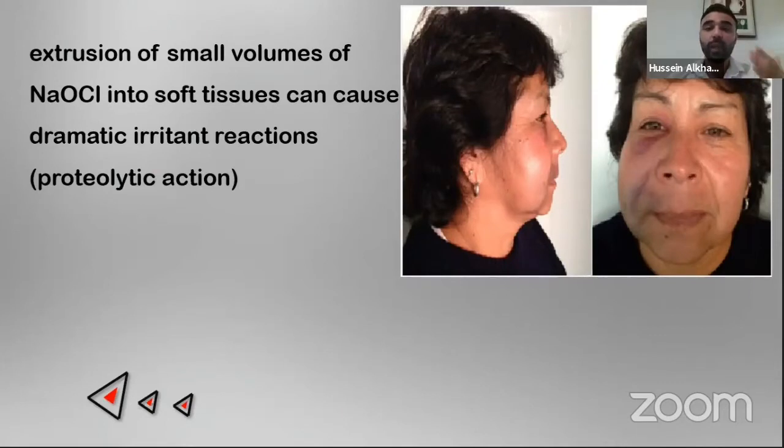Secondly, we should irrigate the root canal repeatedly with normal saline or distilled water to dilute the harmful effect of sodium hypochlorite particles. For pain control, we might prescribe acetaminophen, and keep in mind, we should never ever prescribe non-steroidal anti-inflammatory drugs, as these drugs showed increased proteolytic activity and hemolysis.